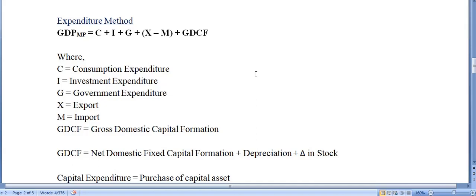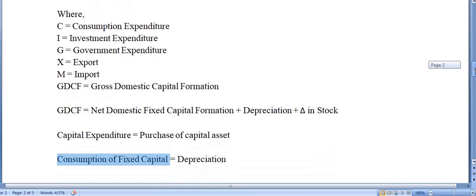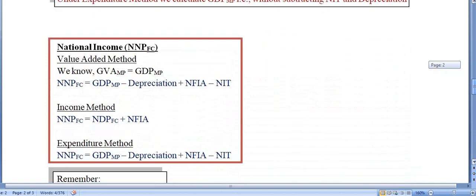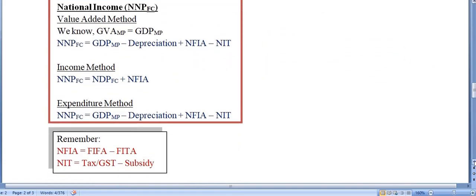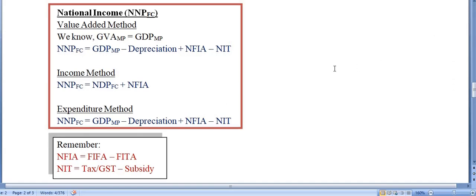Right, now let us understand this section, national income. Because whether it is the value added method, the income method, or the expenditure method, when you use those formulas you will get the domestic product. Using the value added method you get GVA, that is the GDP only.